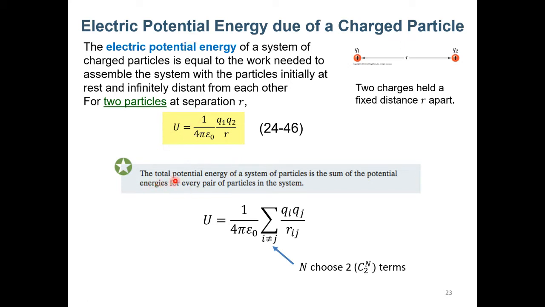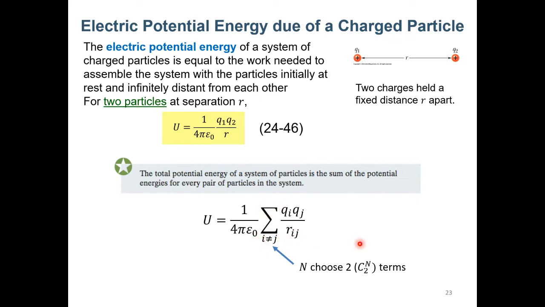The total potential energy of a system of particles is the sum of the potential energy for every pair of particles in the system. So here we consider n charged particles, and we need to calculate the total energy stored. We need to do a summation.